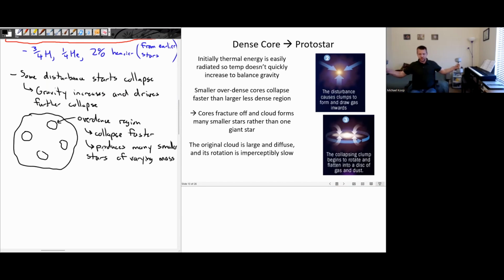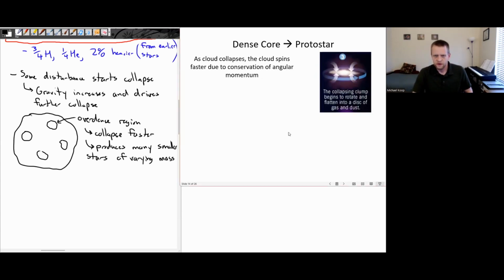If that mass is starting really far out, and we have a slow rotation, as gravity pulls that material inwards, that material is going to be spinning faster and faster and faster through that effect of conservation of angular momentum. So as this cloud collapses, the cloud is going to spin faster and faster.